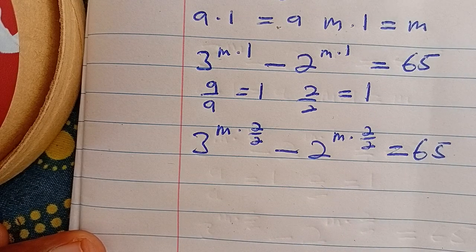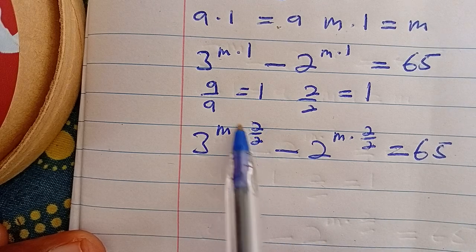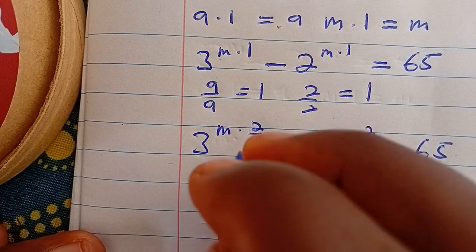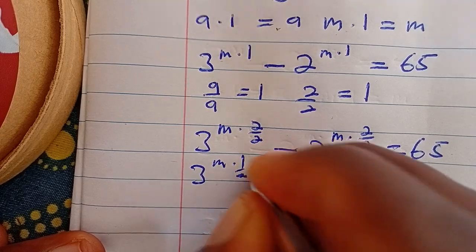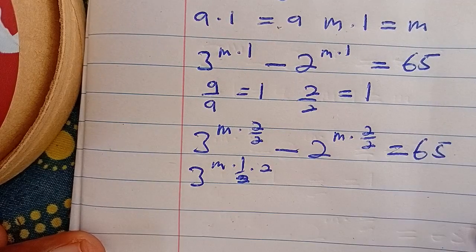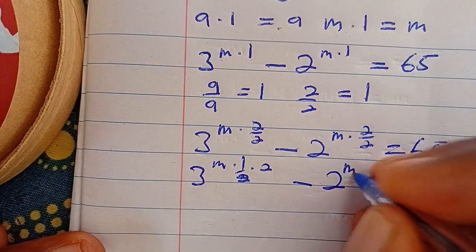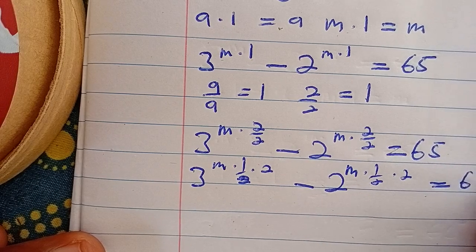Now, in solving questions like this, we keep on manipulating the equation until we have our final answer. So we can do something to the exponents here. We can rewrite it in another form. So it becomes 3 exponent m times half times 2, minus 2 exponent m times half times 2 is equal to 65.